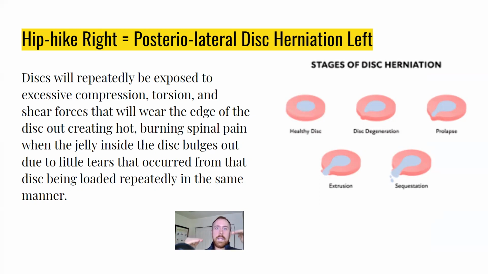So if you have a right hip hike or a left hip hike, you've got to get them level, or teach them how to go the other way, to allow that annulus fibrosus the opportunity to heal, so that there's no more jelly being squeezed through the little micro tears that are occurring due to how long faulty loading has been present, due to being stuck in one phase of gait or being stuck in one hip hike.